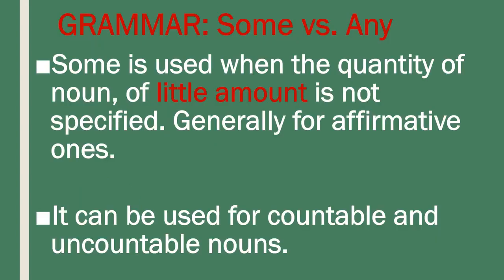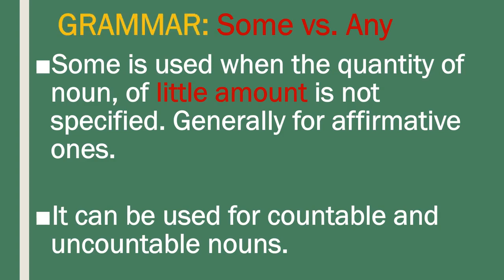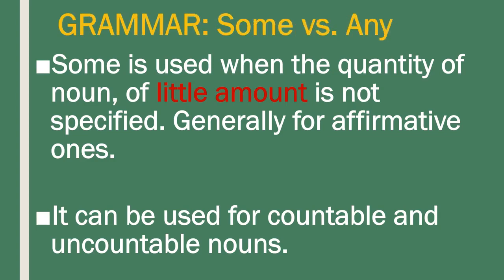Now let's go to the grammar focus. Grammar, some versus any. So today we are going to talk about the quantifiers some and any. We will find out how to properly use these in correct grammar, okay?